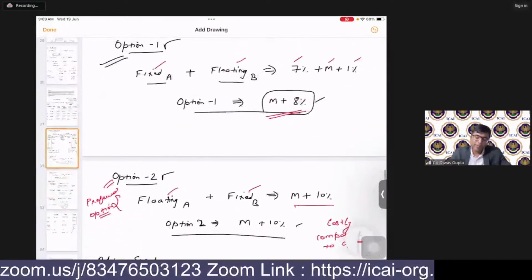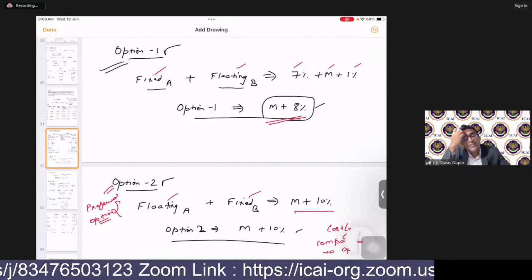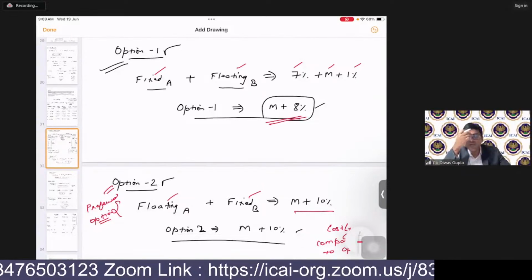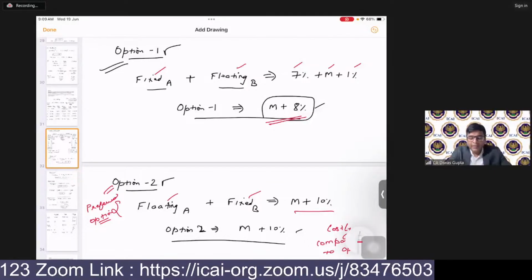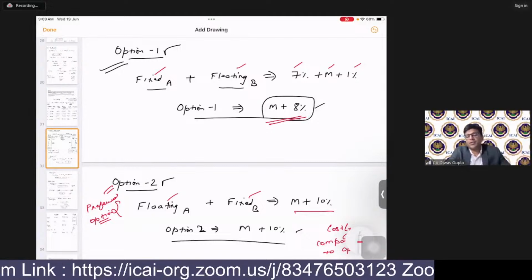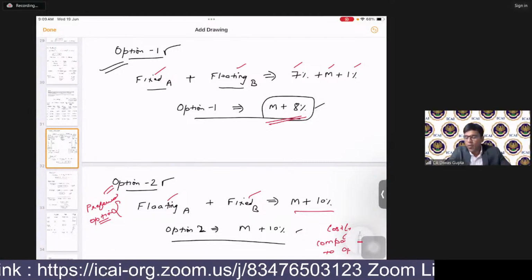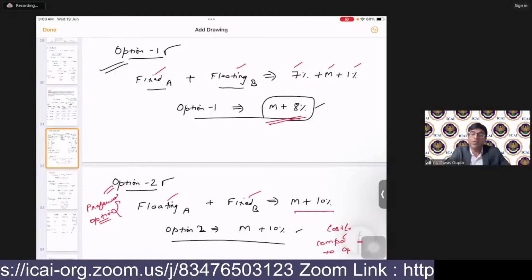So swap bank will also do this calculation. If I do option 1, if I do option 2, then what is the difference? And swap bank will arrive at this: option 1 is the best option because in this the overall cost of borrowing is coming down by 2%.